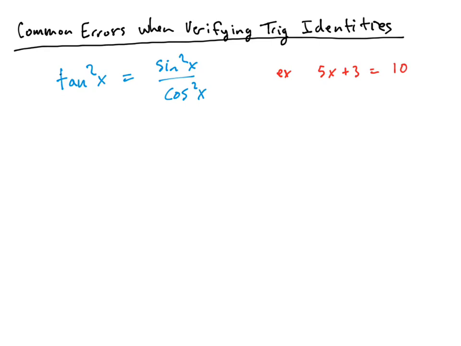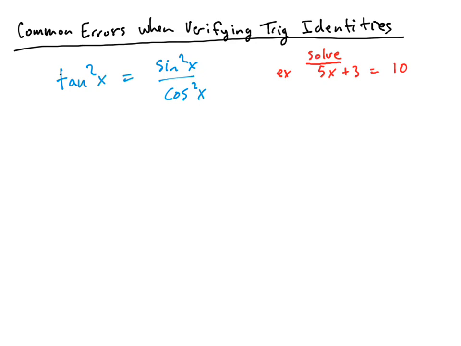For example, if we have 5x plus 3 is equal to 10, the instructions on this equation would say to solve. Because the instructions tell us to solve this equation, we know that this is a true statement. So because it's true, we can apply all of the operations that we normally would apply when solving an equation.